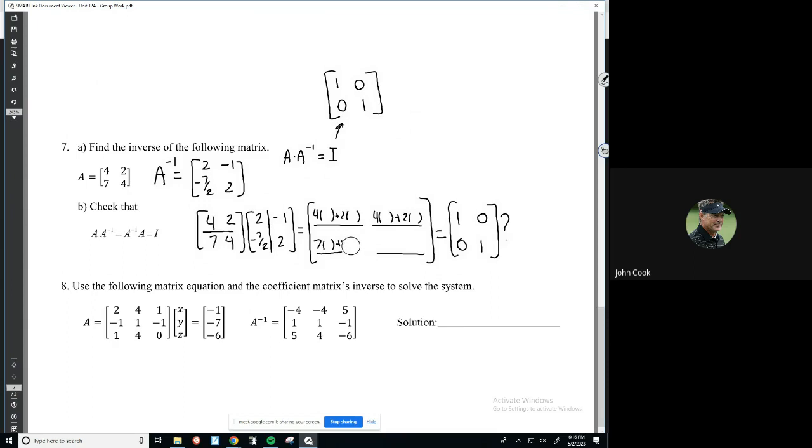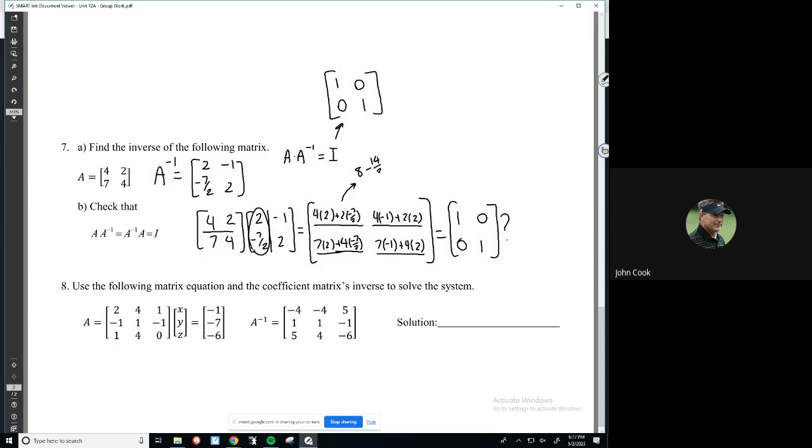All right, and now we've got column 1, which is 2 and -7/2, and column number 2 is -1 and 2. Let's see if we end up with the stuff that we want here. So the first one is going to be 8, and then 2 times -7 is a -14 over 2.